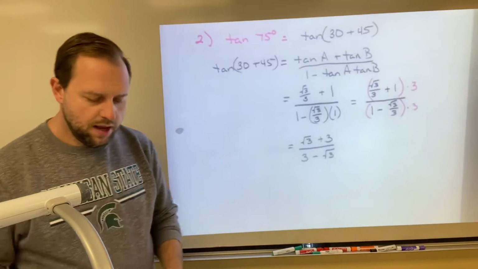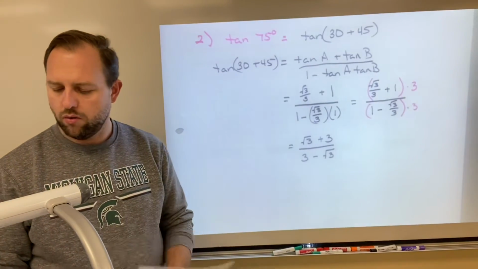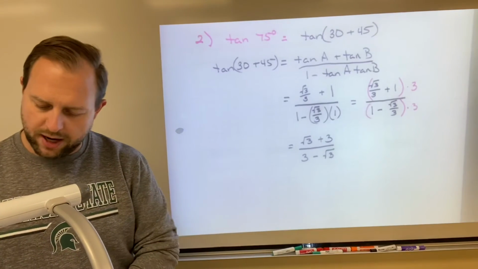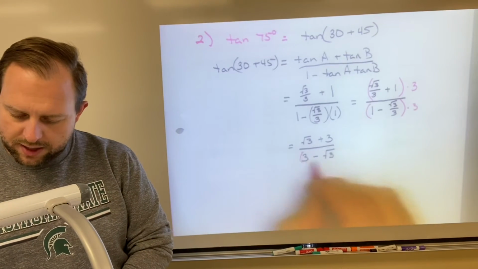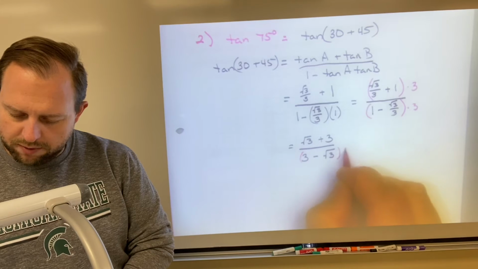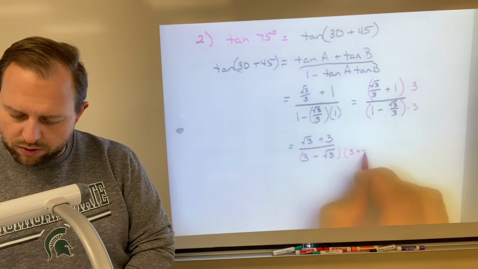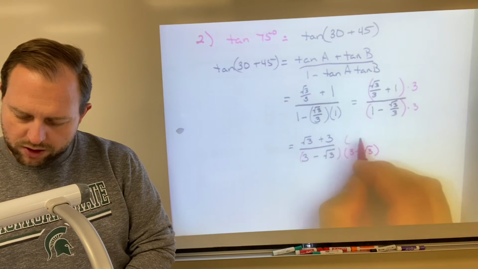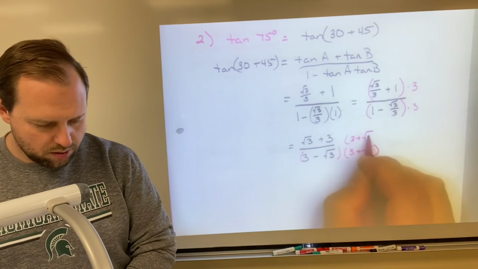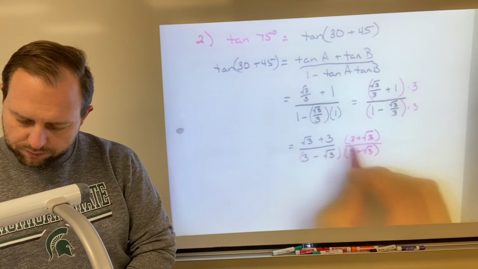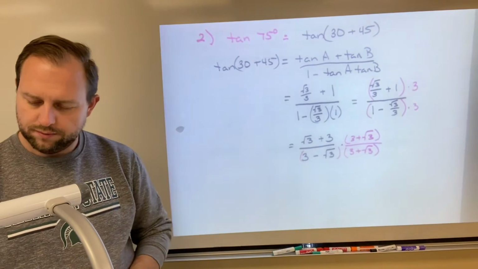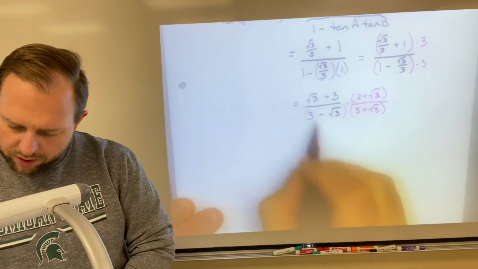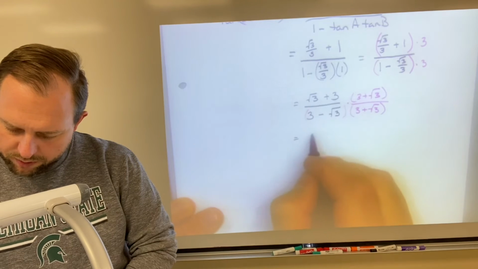Okay? And at this point, now we can rationalize the denominator by multiplying by a conjugate. In this case, the conjugate that we need to multiply the bottom by is 3 plus root 3. And what we do on the bottom, we have to do to the top. And when we do that, first term up here is 3 root 3.